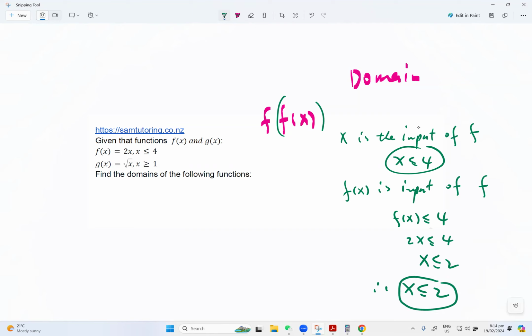That's the domain of FF. You combine these two together: intersection, the overlap part.